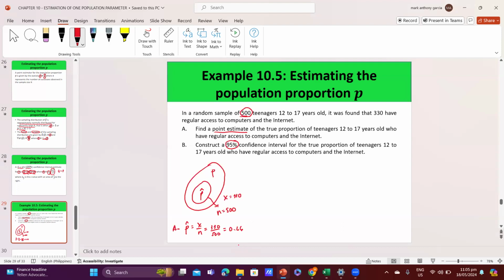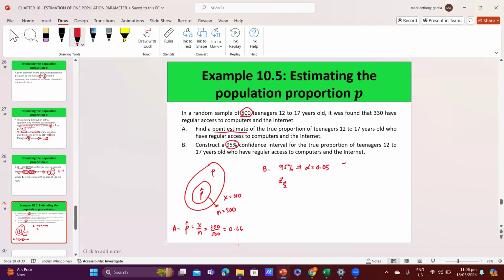Now for the interval estimate, since the confidence level is 95%, that means that our alpha is 0.05. And then we're going to get the z-score with an area of alpha over 2 to its right side.